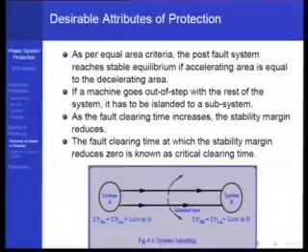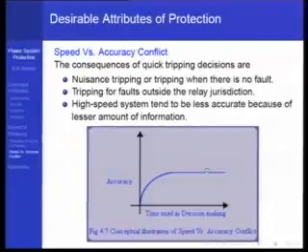Okay, now we have already discussed speed and accuracy, except that when I talk of the speed and accuracy conflict, I usually like to give the simple example of driving fast on the road. If you drive very fast on the road, it is more likely that you will have accidents, because essentially you tend to become rash.